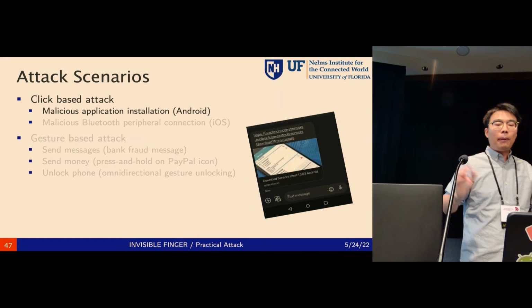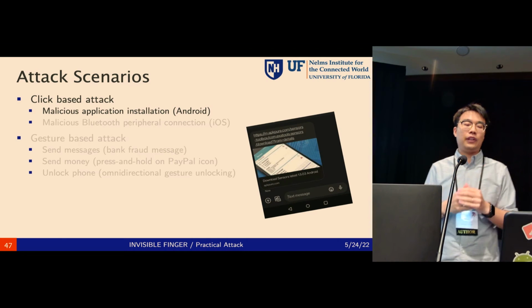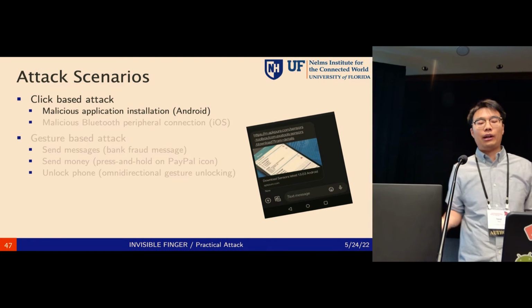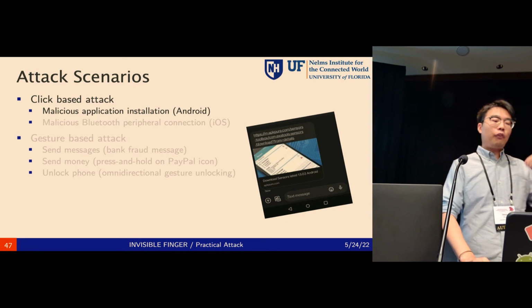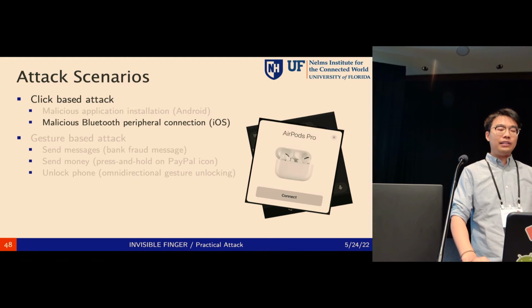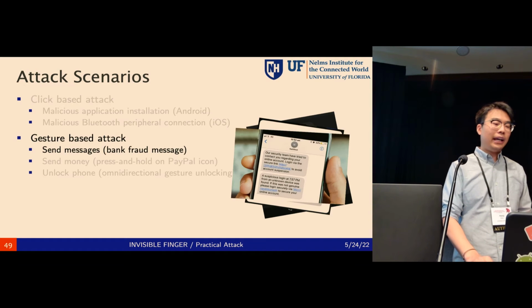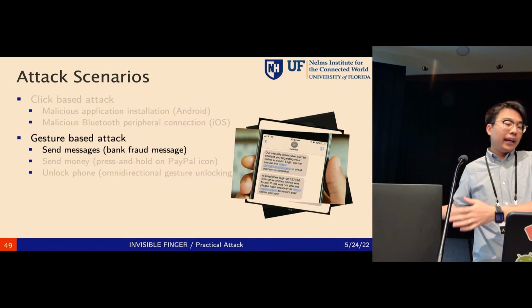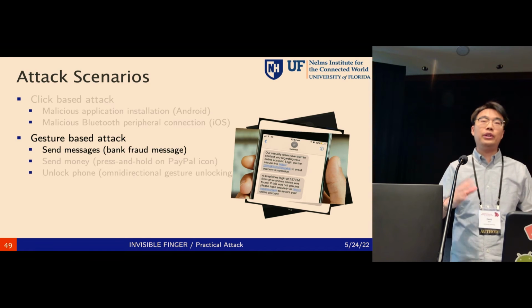Combining all these aforementioned techniques together, we have achieved successful attacks in the following scenarios. You can find the details of these attacks in our paper. For the click-based attack, we have malicious application installation on Android devices. We can also connect to a malicious Bluetooth peripheral on iOS devices. For more complicated gesture-based attacks, we can send messages, which involve different keystrokes.